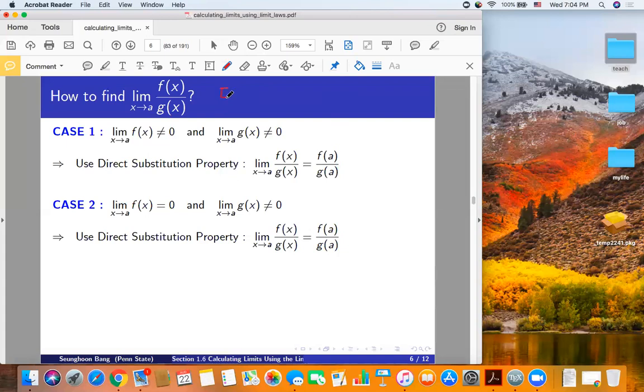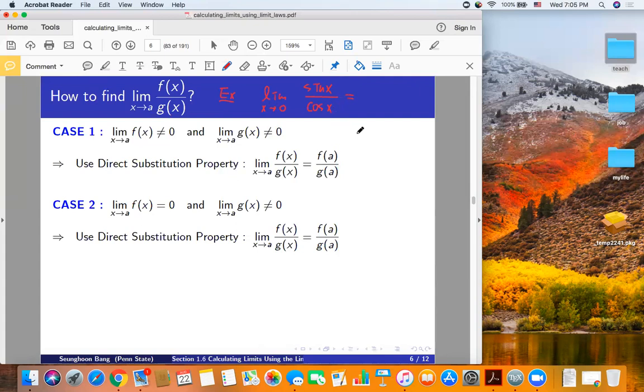I'm going to give you one example. The example is the limit as x approaches 0 of sine of x over cosine of x. So what is the answer? Could you write your answer on the chatting board?